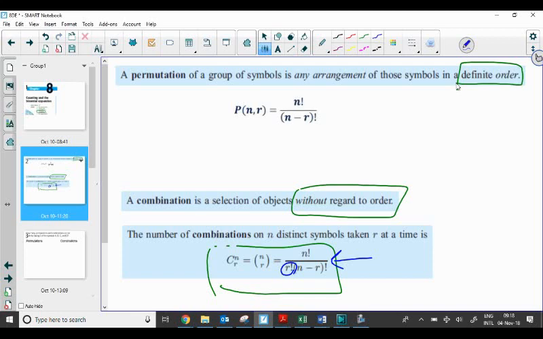Now that's without regard to any order. So if I had 4 objects and I was choosing 3 of them, maybe my 4 objects are A, B, C, and D, a grouping of A, B, C is exactly the same as the grouping of C, B, A, because it's the same 3 objects. So we would not count that more than once.